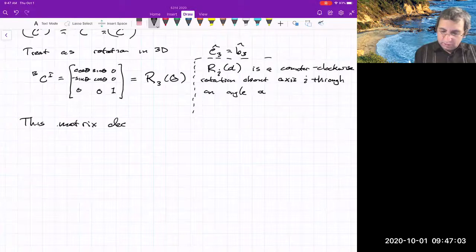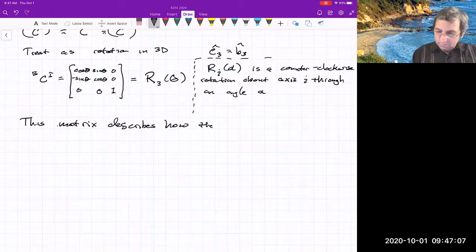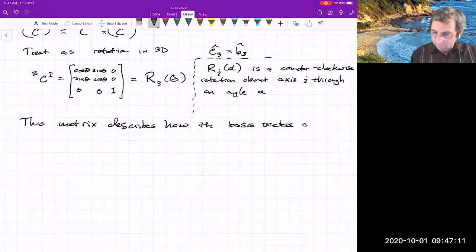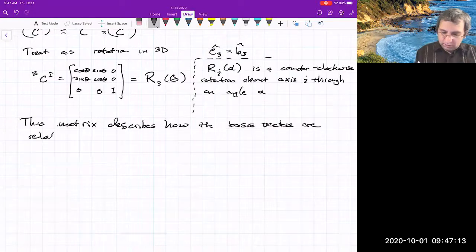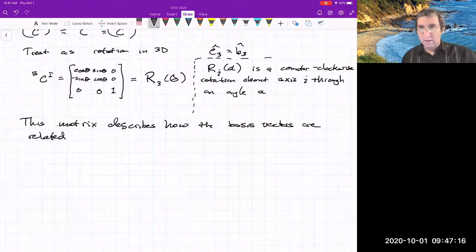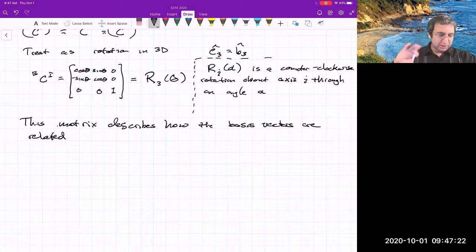This matrix describes how the basis vectors are related. We need to do a little more reasoning to figure out how a vector in one frame appears in another frame. What do I mean by that?